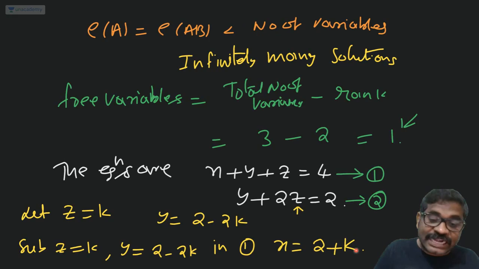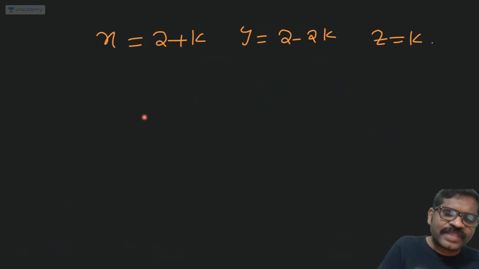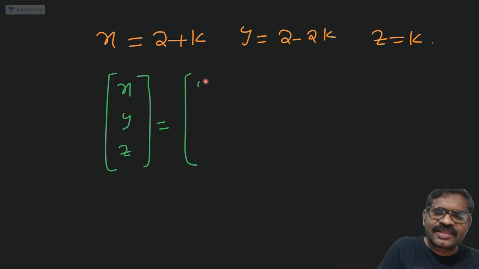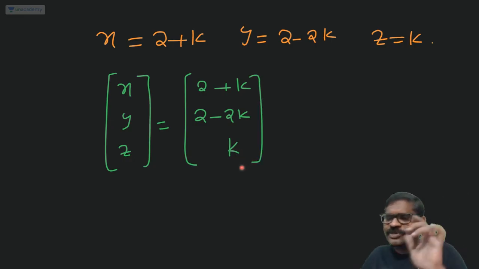z is k. Now, x, y, z can be written like this: 2 plus k, 2 minus 2k, k. One minute, observe.